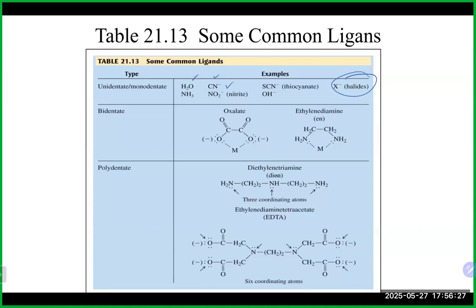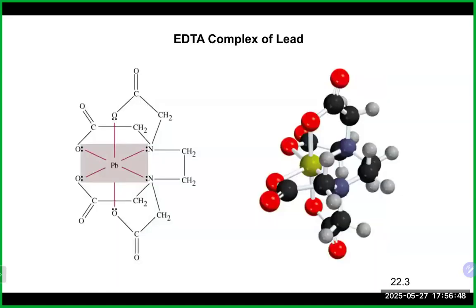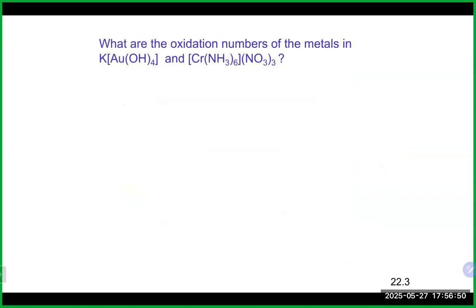Here's our dien, as I was mentioning before. It's got 1, 2, and 3 nitrogens where it can attach. And there's our ethylenediaminetetraacetic acid, or acetate. By the way, it's got a negative charge, negative charge, negative charge, negative charge, kind of -4 overall. But that really can grab a metal pretty well.